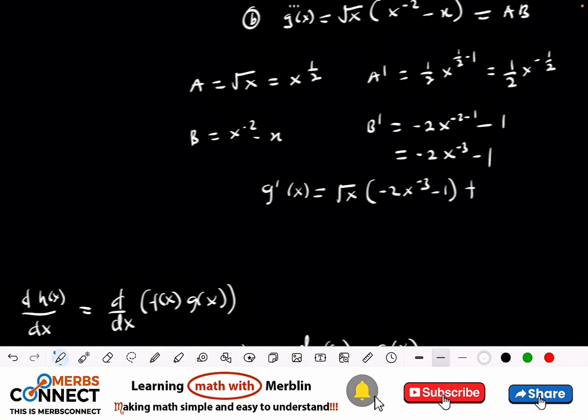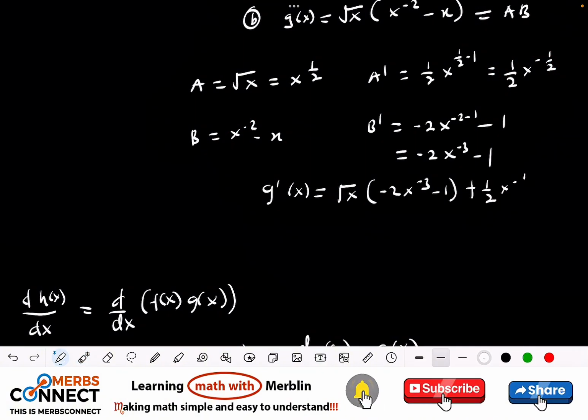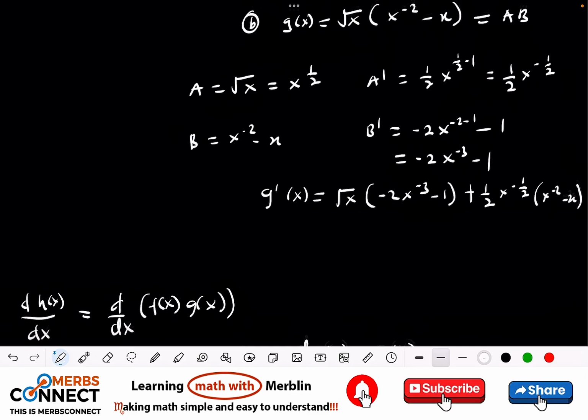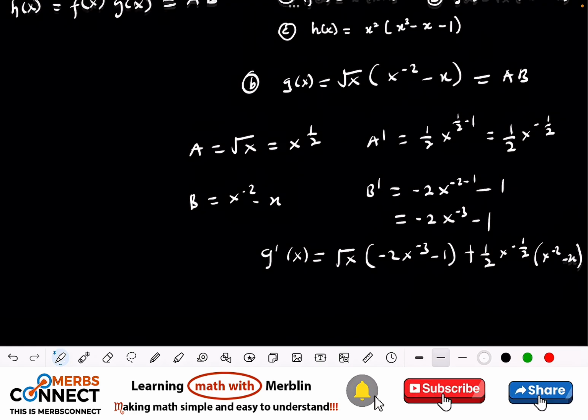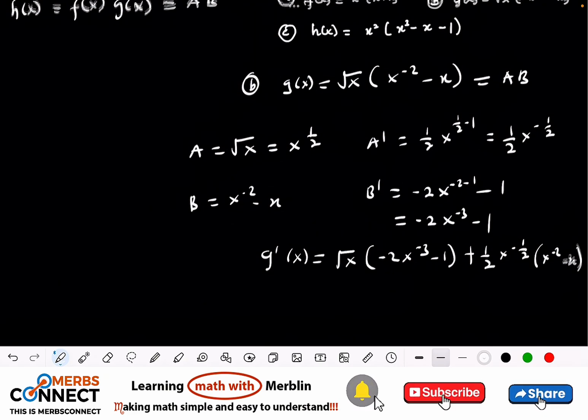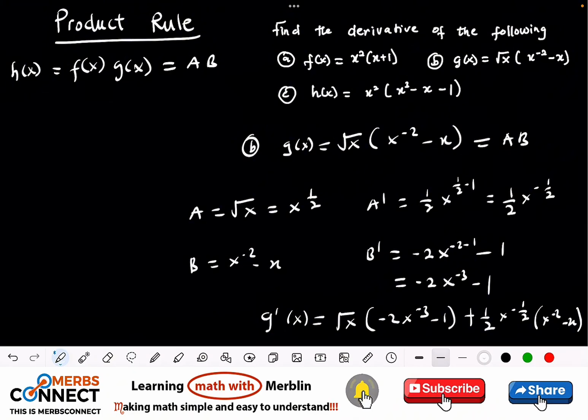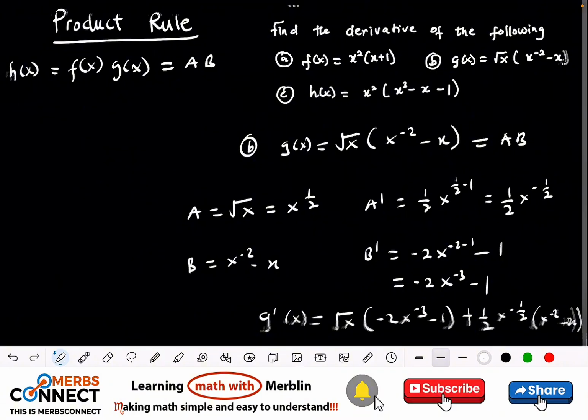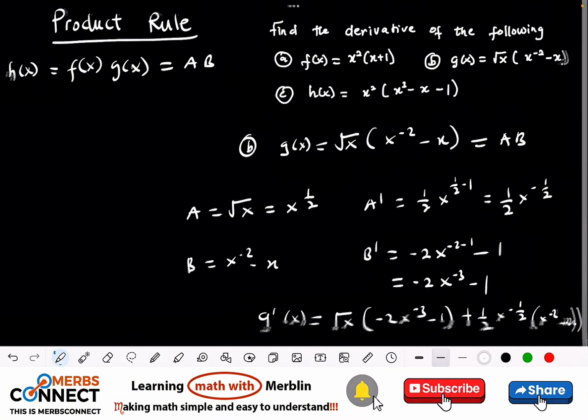So I'm going to have something like 1 over 2 x to the power 1 over 2 minus 1, then x to the power minus 2 minus x. So this is what I'm going to get at the end of the product rule. If I want to simplify, I can simplify, but I can just leave it in this form and then I'm done. Right. So this is what I'm going to get for the B. So you can try the C and put your final results in the comment section.